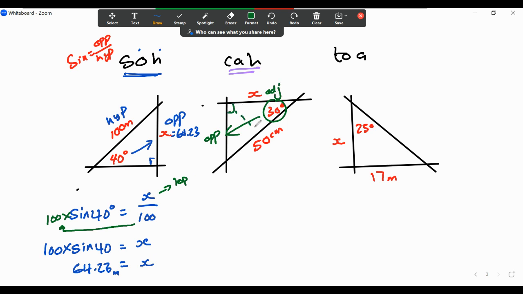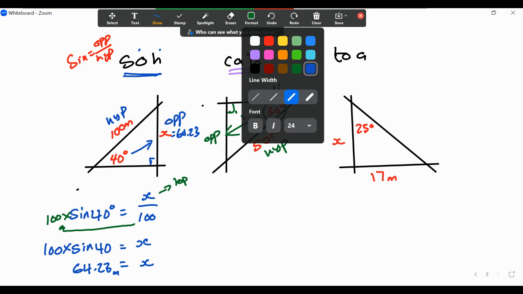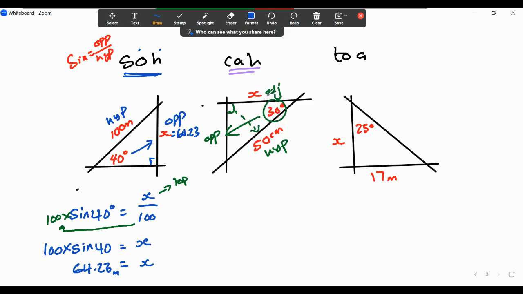And opposite the 90 degrees, the longest side is your hypotenuse. So for this particular question, I know my adjacent is x, even if it's unknown. And I know my hypotenuse, it's 50, but I'm not given the opposite. So I'm given A and H. So I'm going to use cos, and I start by writing cos of the angle 30 degrees equals x over 50.